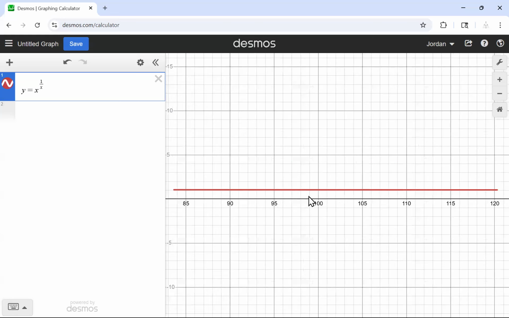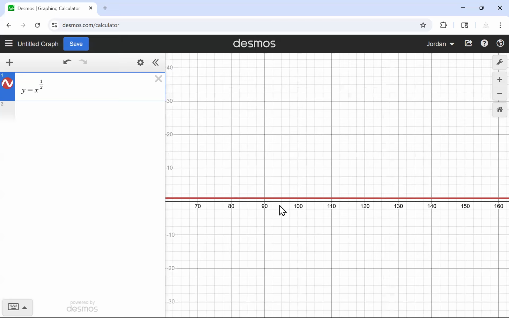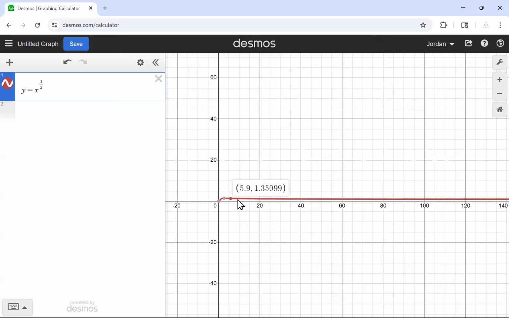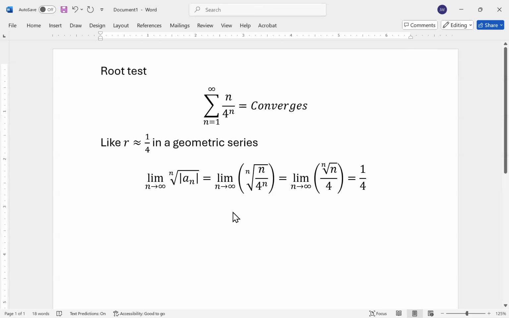And this shows you, again, the graph shows you that the limit of that function is 1. So the root test tells me that this infinite series converges.